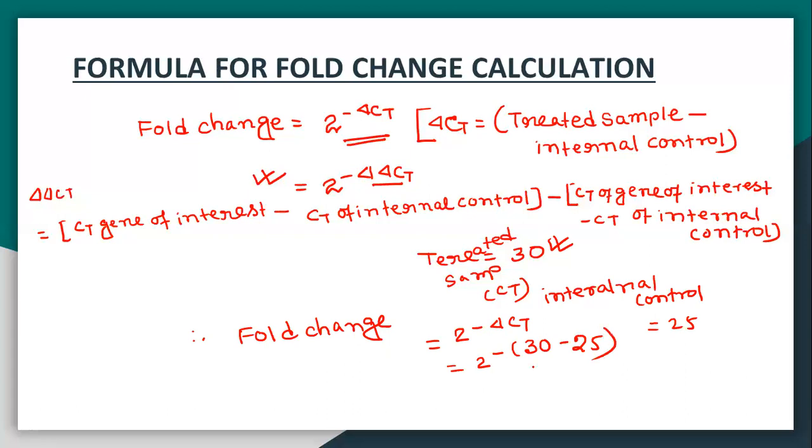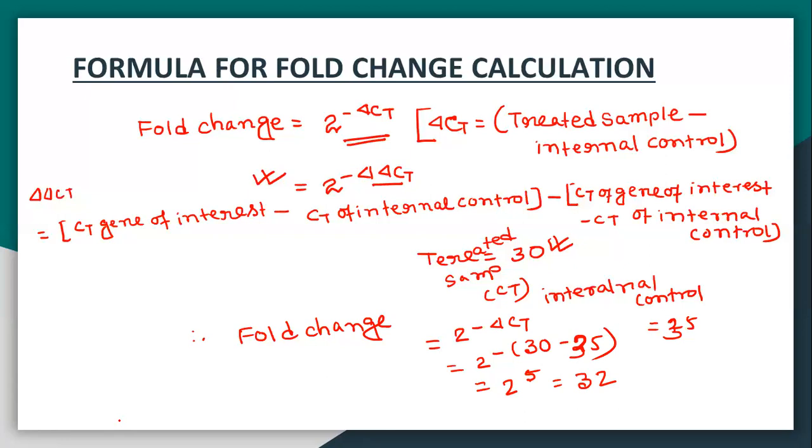Or we can take the internal control as 35, so the negative sign becomes positive, and it is 2 to the power 5, so here it will be a 32 times fold change. Now we'll see another example of how to calculate the fold change via the delta CT method.